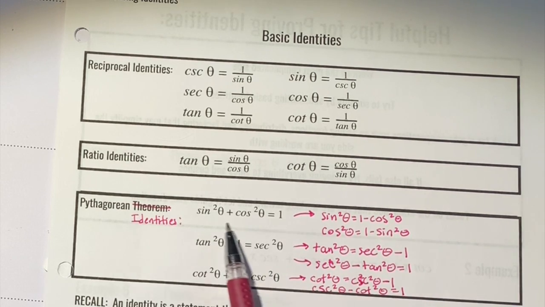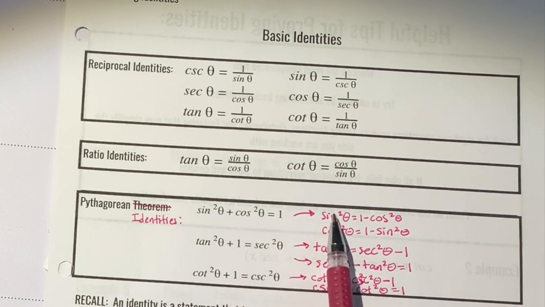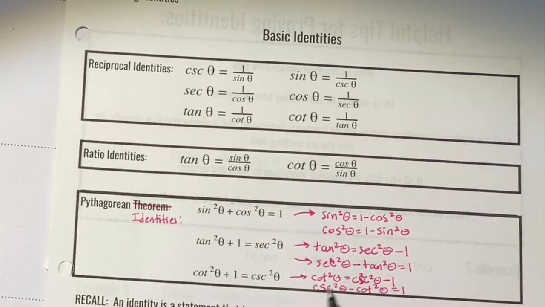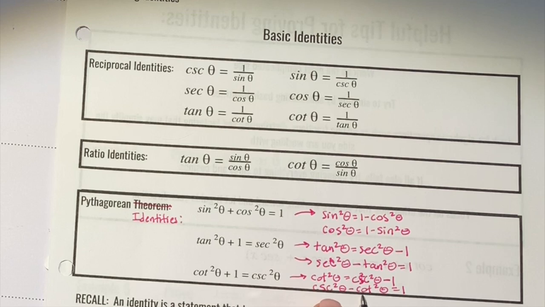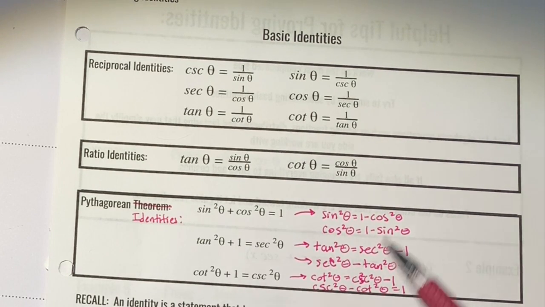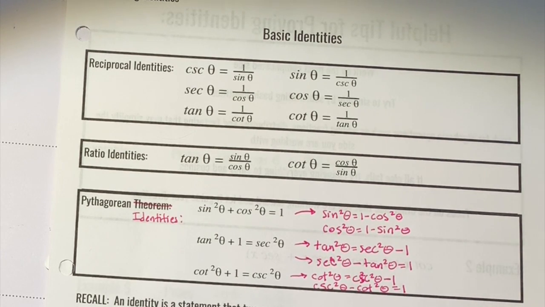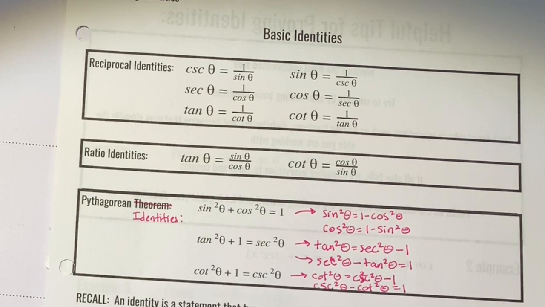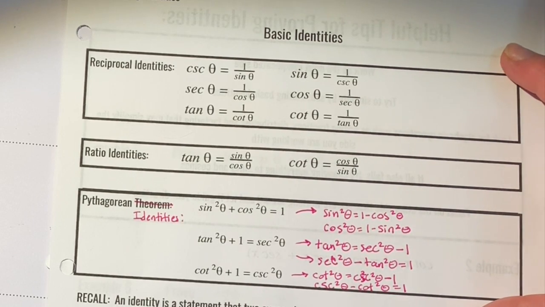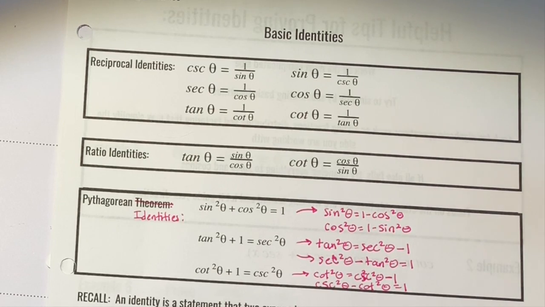So literally just with a little manipulating and solving, you can get 3 different forms for each one of those. So all those give you different substitutions, different equivalencies that you can interchange when that suits your purpose as you're working through these examples and proving identities. All right, so you want to keep these handy. The more you use them, the more you're going to learn and remember them.